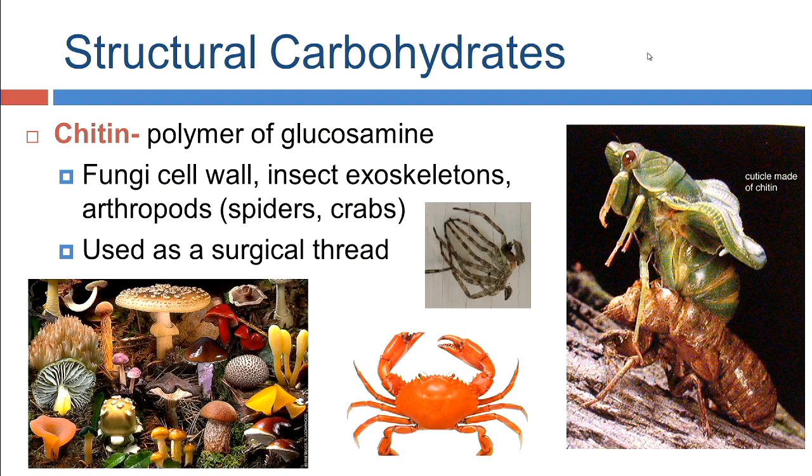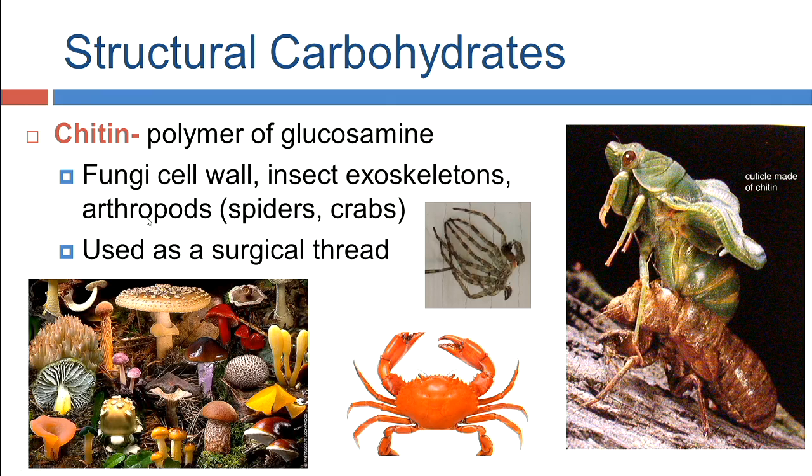Okay, chitin is your second structural carbohydrate. This one is a polymer of glucosamine. This one's a little bit different. It has glucose in it, but it's structured a little bit differently. So if you're a fungus, and here's a really cool photo of a ton of fungi, it's in the cell wall. If you're an insect, it's the exoskeleton. We see these all over campus.